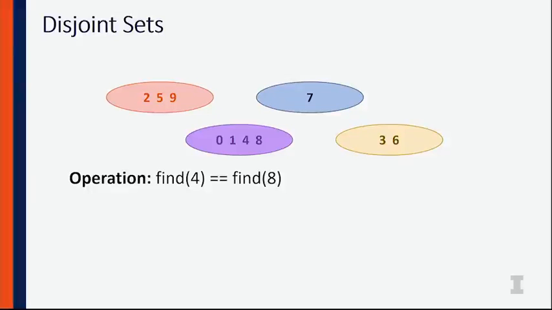Because find of 4 and find of 8 both need to return the same set identity, because both 4 and 8 are in the same set. In this example, we have 0 as a set identity, so both find of 4 and find of 8 are going to return 0. 0 is equal to 0. So we see that by choosing a set identity, we can ensure when we do a find that we can tell whether or not two elements are in the same set.